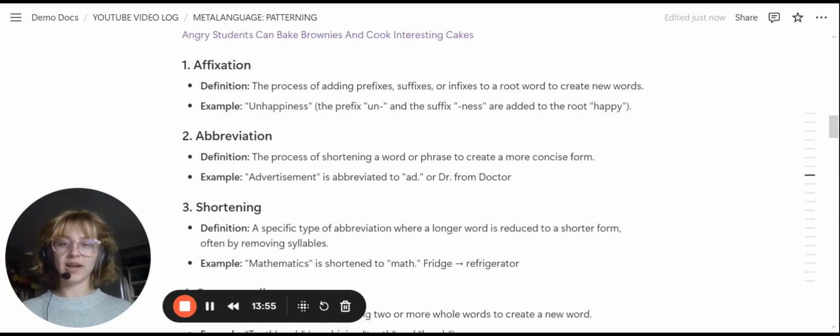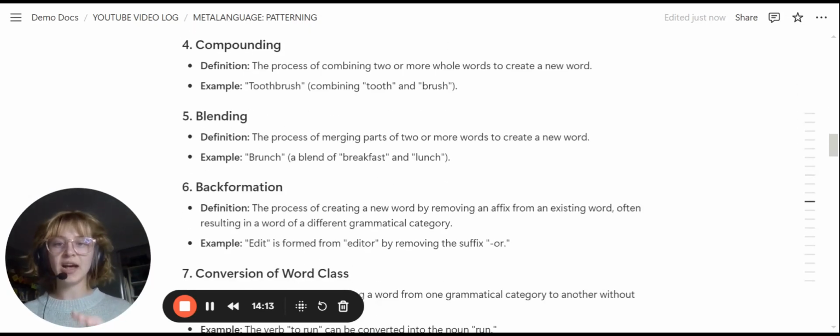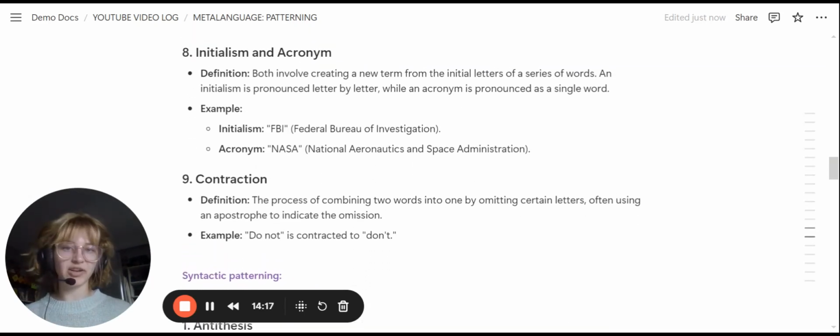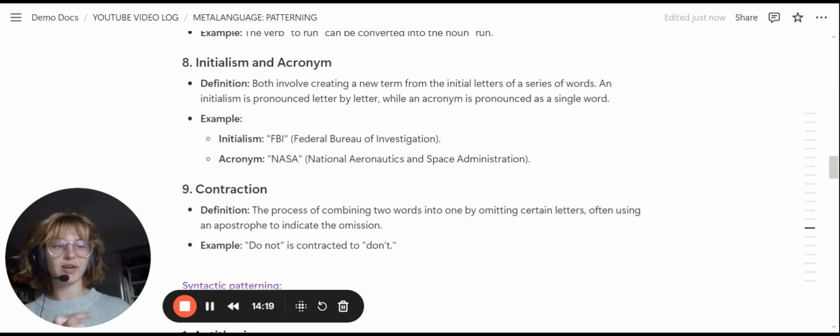Most of them are either to increase the ease with which we're talking, so making it easier for us to talk because things are shorter, or there are less letters or less words, to become more informal. So think about the context of the text and who's talking. With initialism and acronym, it could also be to come across as more of an expert.